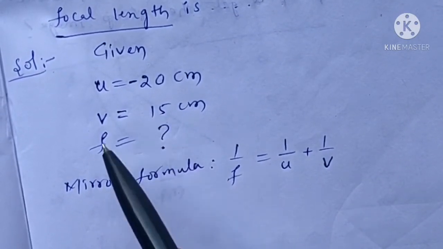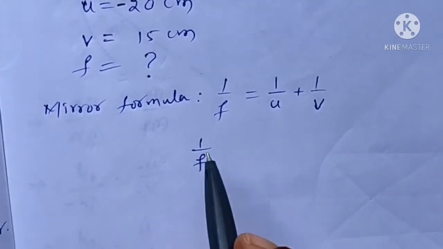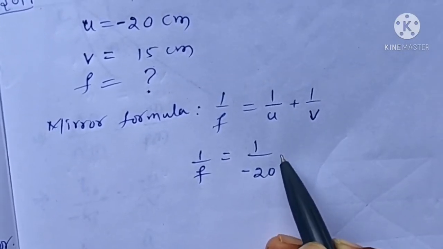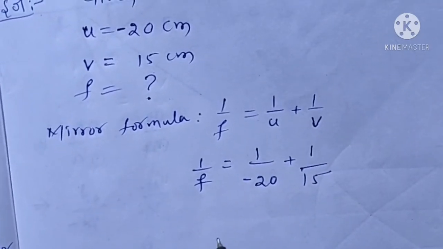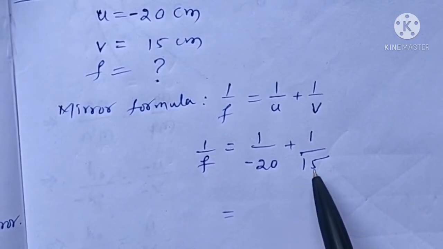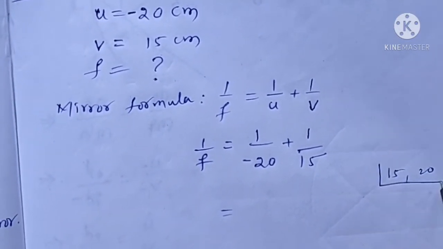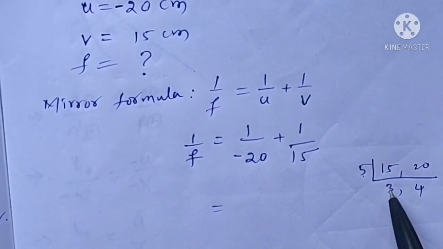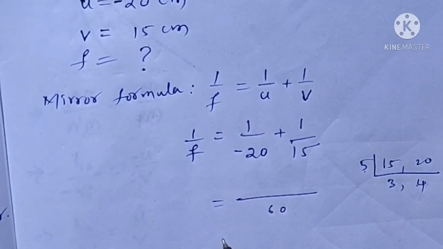Okay, let's find out. Substitute all the values in the given equation. 1 by f is equal to 1 by minus 20 plus 1 by 15. Let's take the LCM of 20 and 15. 5 3s are 15, 5 4s are 20, so 15 times 4 is 60. 60 is the LCM of 15 and 20.